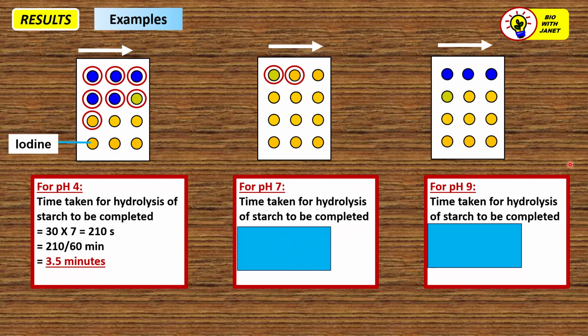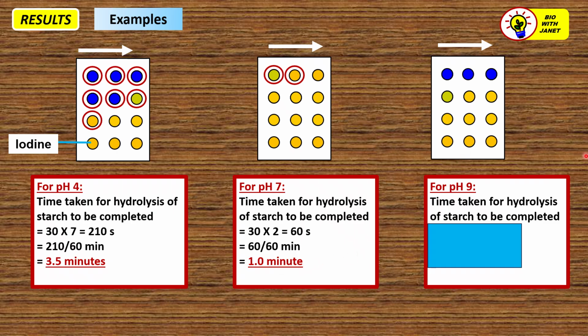The time taken for the hydrolysis of starch to be completed will be 30 seconds plus another 30 seconds, which is 1 minute, or 30 times 2 equals 60 seconds, divided by 60 to convert to minutes. So it's 1.0 minutes. Take note that I write to 1 decimal place for every one of the results, so you must be consistent. The first result is to 1 decimal place, and the second one is also the same.